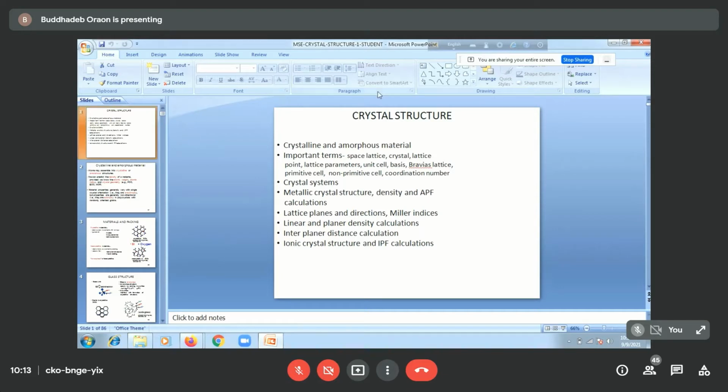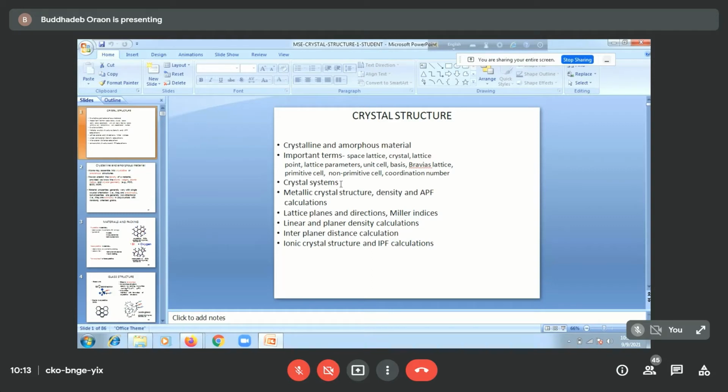Some of the points we'll be discussing, I have not listed all of them, but some are listed here, like crystalline and amorphous material. You know what that is. Some of the terms like space lattice, crystal, lattice points, lattice parameters, unit cell, basis, Bravais lattice, primitive cell, non-primitive cells, and coordination numbers, you might be knowing, but we'll be glancing through these points.